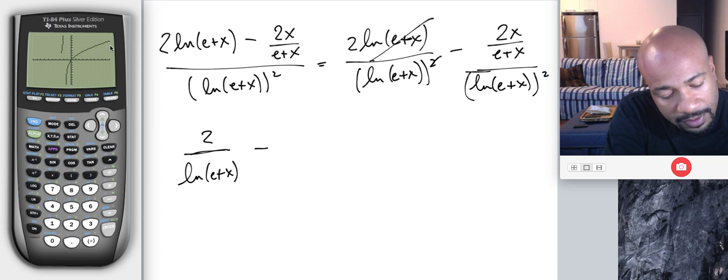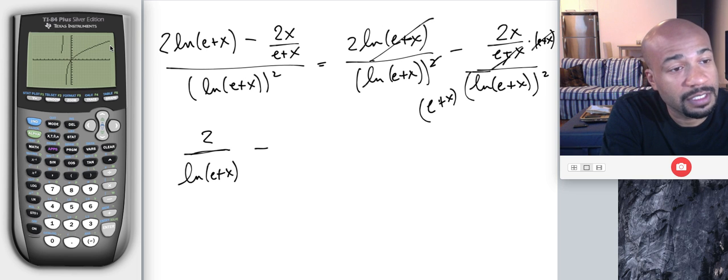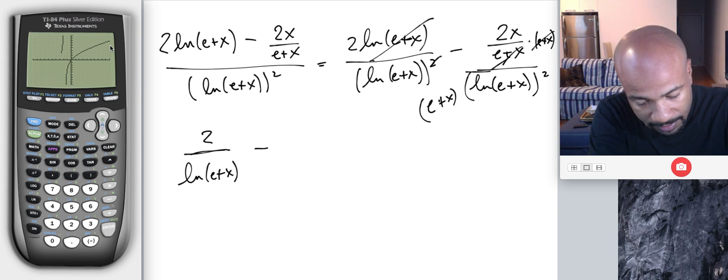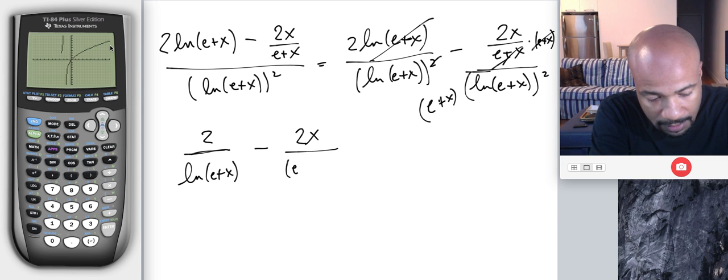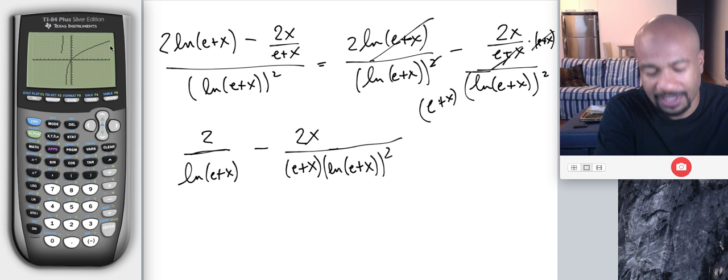What I'm going to do here is multiply top and bottom by e plus x, because that will get rid of the fraction in the numerator. So I'm left with 2x over (e plus x) times the natural log (e plus x) quantity squared. Ugh, what a nasty derivative.